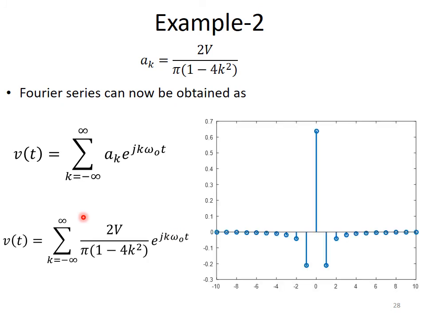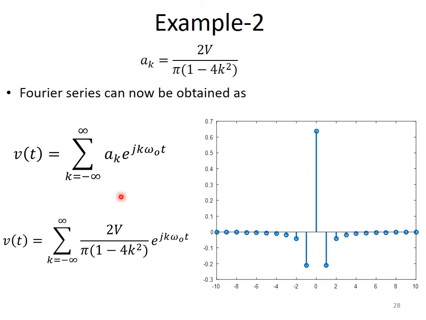And if we plot the spectrum of this function a k for different values of k, you will see that the highest power is in the DC component, and the second highest is the fundamental frequency component, this one, and harmonics are getting weaker.